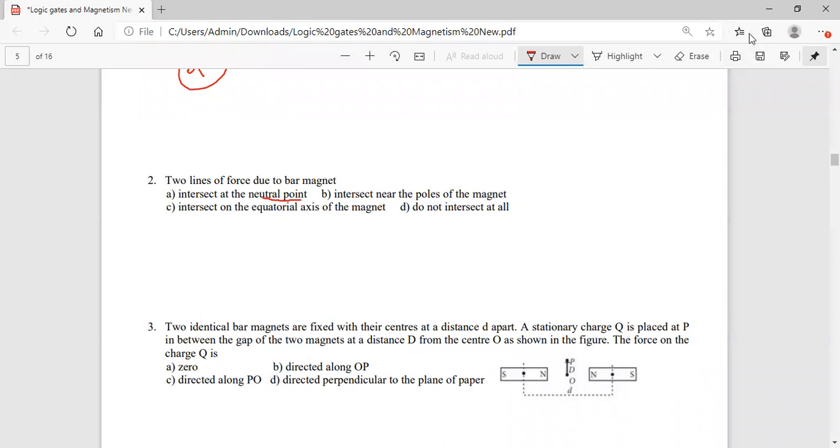The magnetic field lines do not intersect at all. It may be electric field lines or magnetic field lines; they do not intersect at all.